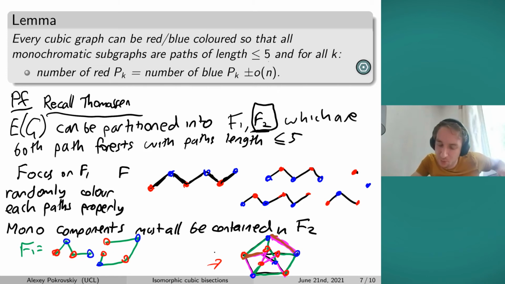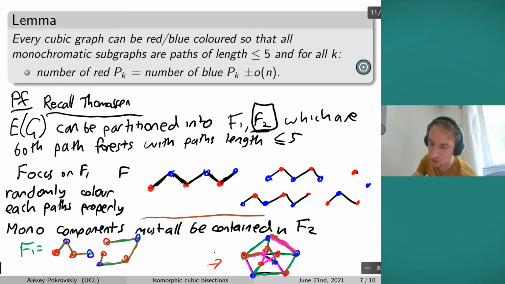And this just happens because all of the edges in the original graph were either green or pink, and the green edges all got different colors on their endpoints because of how we constructed the coloring. So all of the monochromatic edges have to be pink. In other words, they're contained inside F2, which tells us that because F2 was a union of path forests with paths of length at most 5, the same has to be true for these new monochromatic edges we got. Does that help?